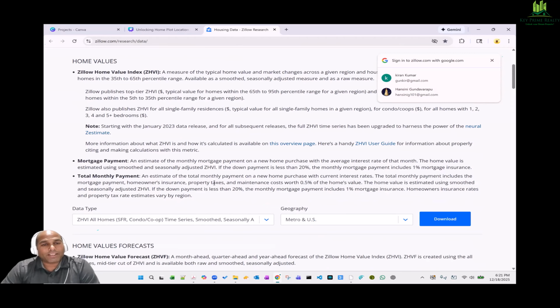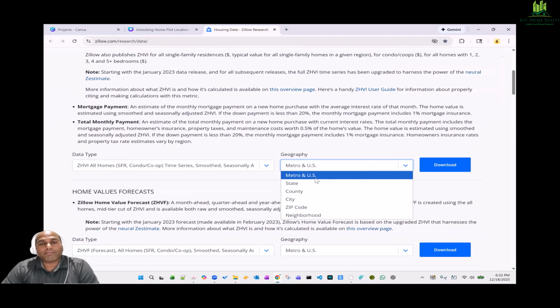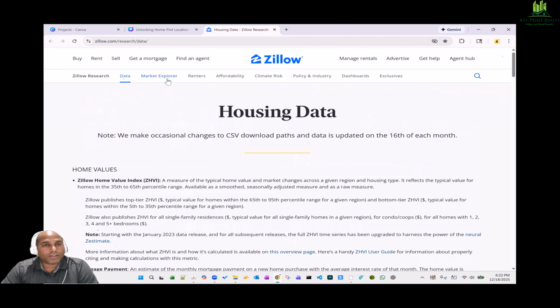The Zillow Home Value Index is a pretty good data point, which is actually referenced by many other analysts in the market. You can filter it, download it, and draw charts on your own using this data, but they have their own visualizations too.